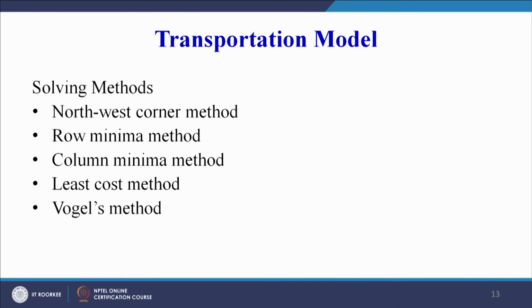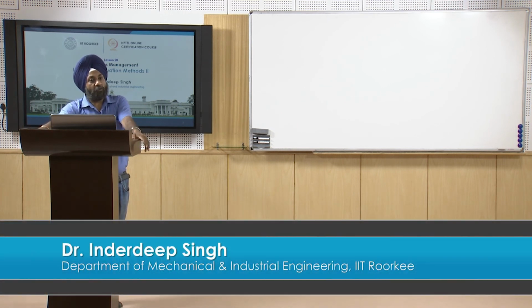To name some of them, the row minima method is one, the column minima method is another technique, then the least cost method, Vogel's approximation method, and the northwest corner method. So, there are a number of methods. Because of the paucity of time, we are not covering them in detail, because we had 5 sessions of half an hour each for this topic of plant location, and today we are winding up this week's discussion.